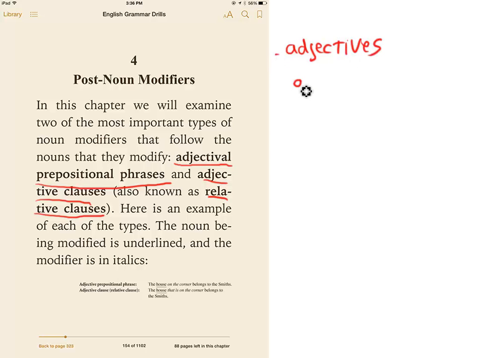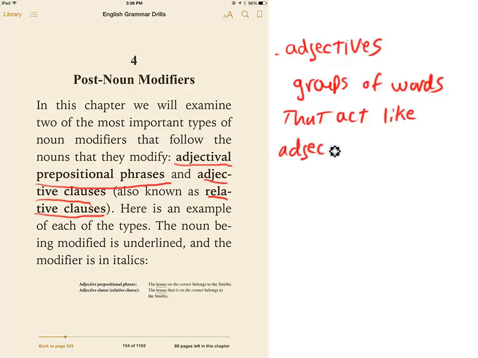We're talking about groups of words that act like adjectives. Okay, whole groups, not just one word, but whole groups of words. And there's two types of groups of words that act like adjectives.